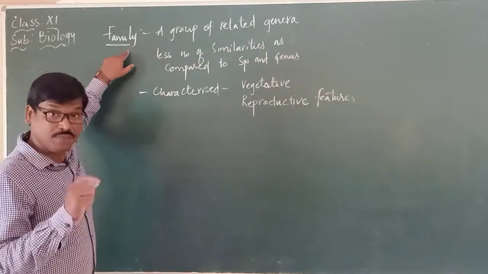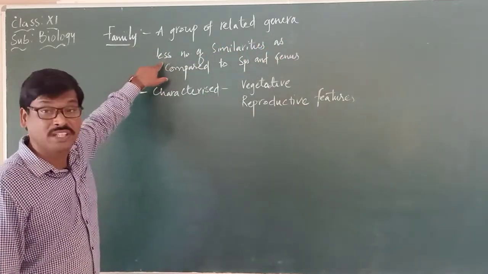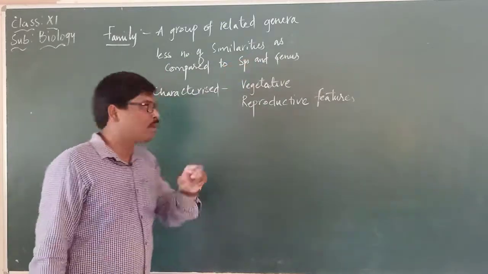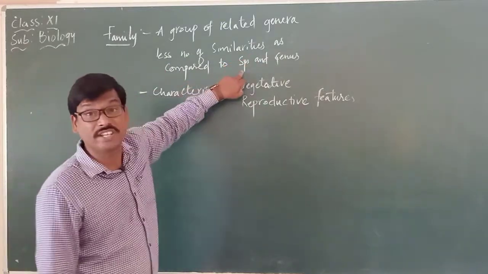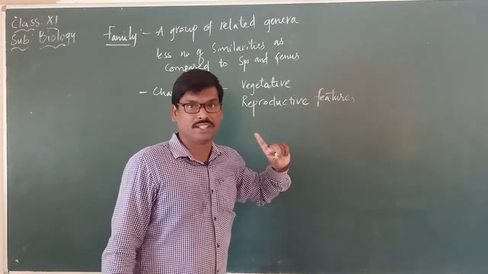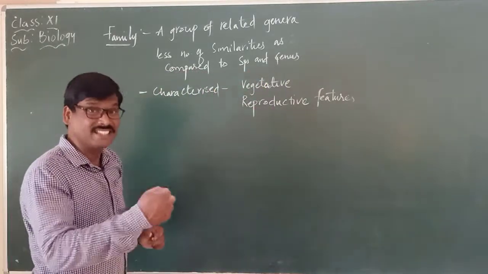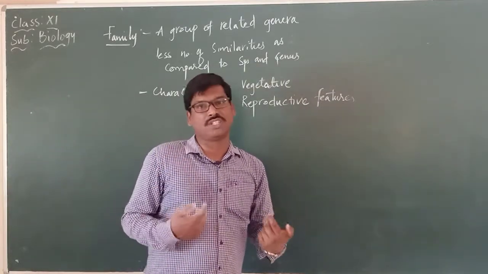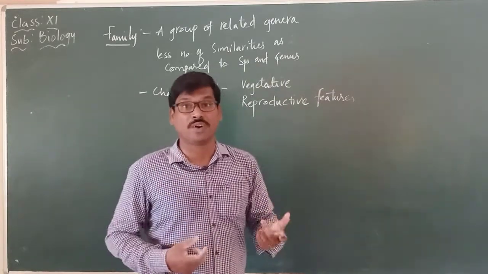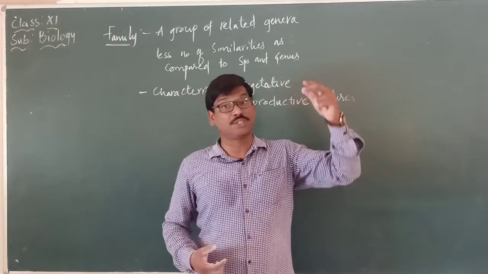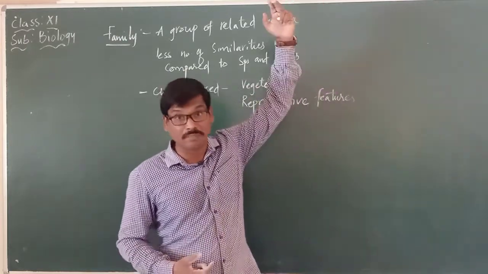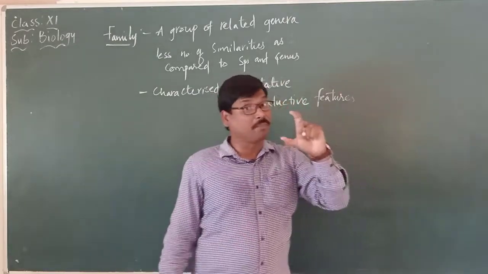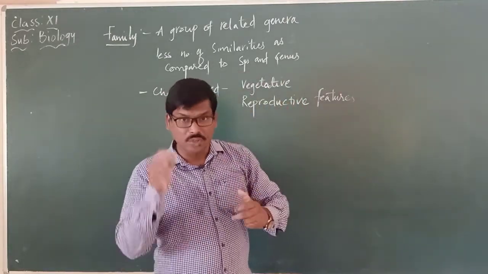In the family, please remember, they have fewer similarities compared to what? Species and genus. Family will have fewer similarities when we compare with the species and the genus, and that's why we already said the number of similarities will reduce from the species to the kingdom.